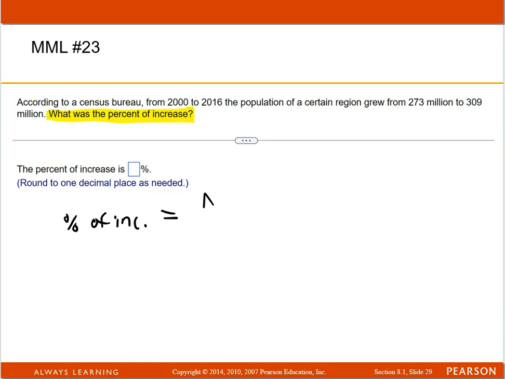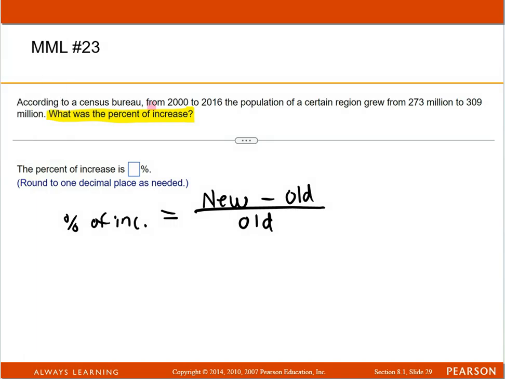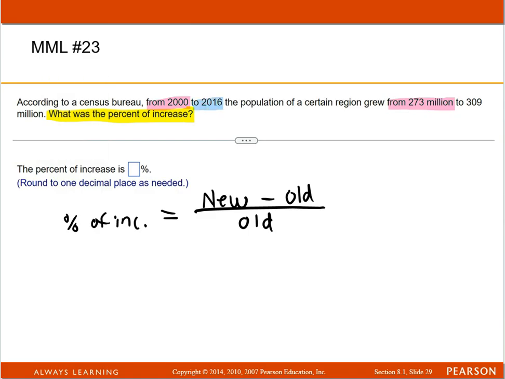percent of increase is you take the new amount minus the old or the base amount and divide it by the old or the base amount. And when I'm reading this, it says that it grew from the year 2000 to the year 2016, so to 309 million.